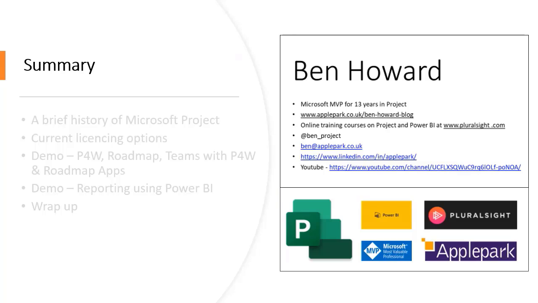The new Project for the web is today, and I can be quite candid about this, a very lightweight project management tool. So if things like baselines, different views, if you know about effort versus duration, if you know about effort-driven tasks, etc. None of that really has made it into Project for the web yet.